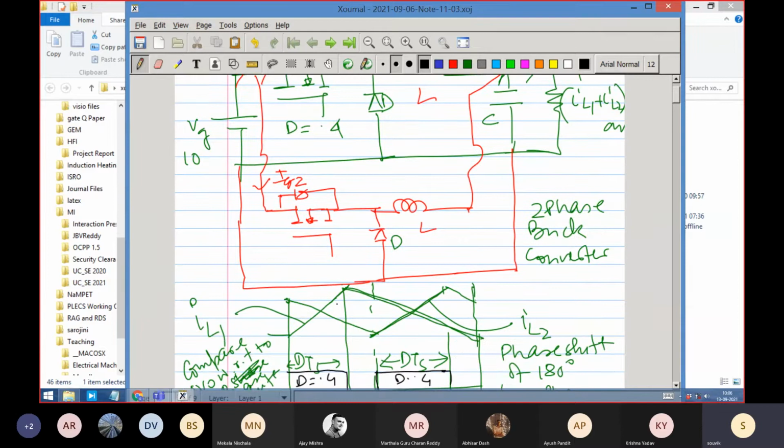If this is not operated as a multi-phase converter, that means the turn-on of switches Q1 and Q2 had happened at the same time, then the two currents will be overlapping, and the total current will be double the individual current. Just double. IL1 plus IL2 is double.